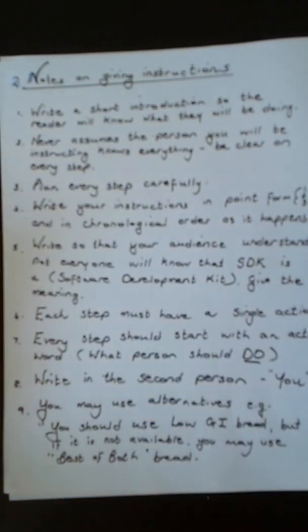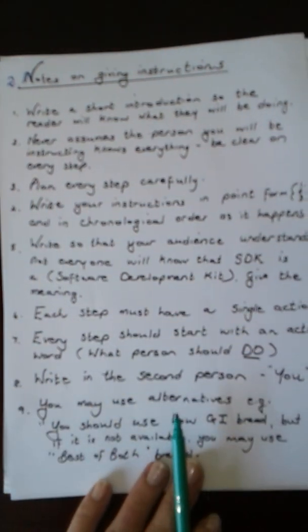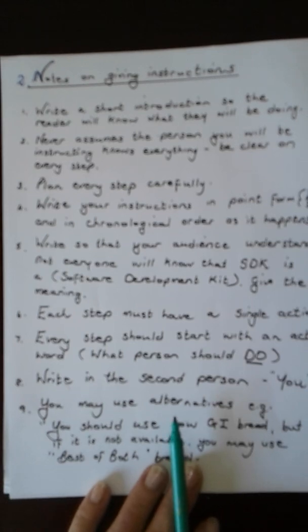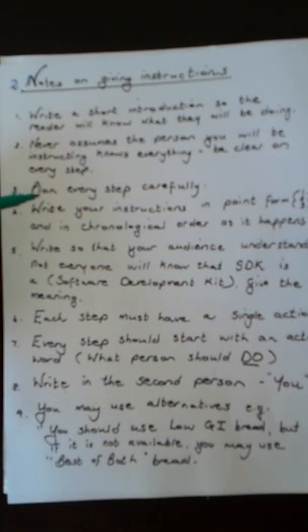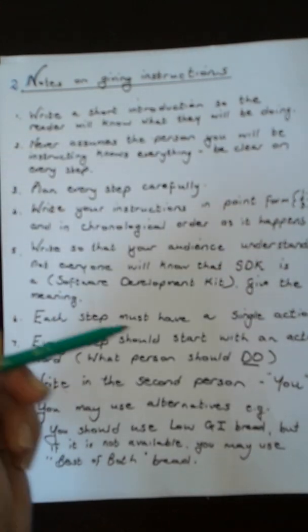Be clear on every step. If I've never changed a tire, don't tell me fetch the tire wrench because I don't know what it looks like. So be specific. Think carefully before you start writing it. Plan every step carefully. Write your instructions in point form.